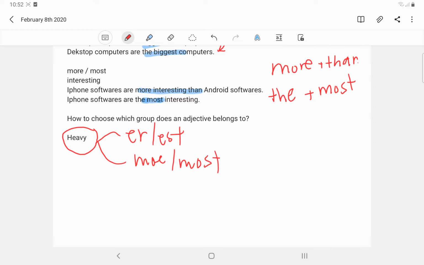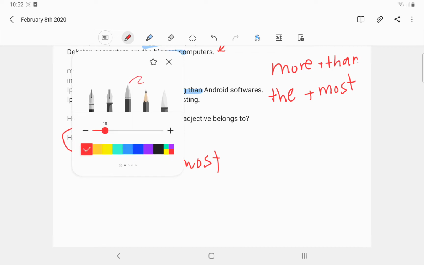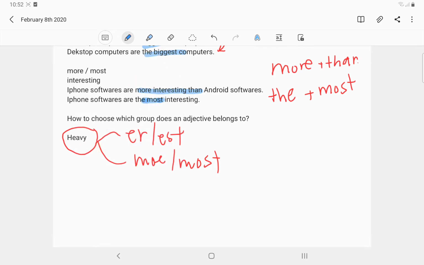Cara dia mudah. You tengok kepada dia punya syllable, bilangan syllable. Syllable. Dah apa pula syllable? Kita go back to the word heavy. So heavy ni dia ada dua syllable. Heavy. So satu syllable, dua syllable.